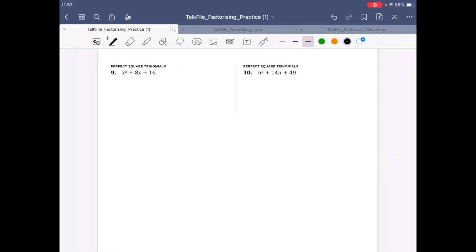The next ones are perfect squares. Okay, let's have a look. Perfect square trinomials. Trinomials mean there are 3 terms, in this case x squared, x and a constant, maybe just a number.